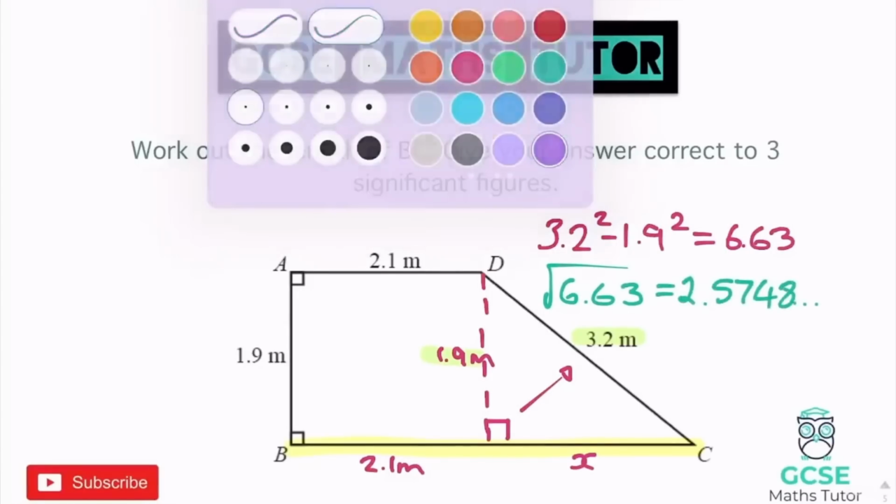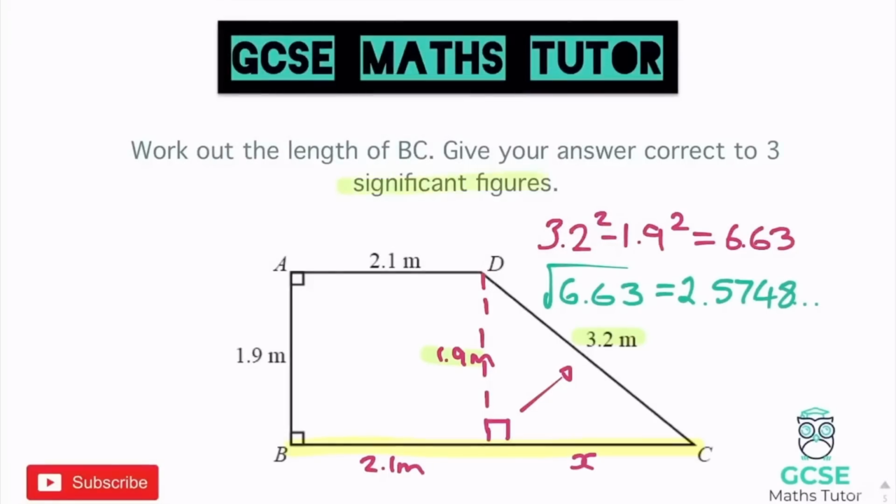Now again, it says it wants our answer correct to 3 significant figures. Obviously just make sure you read that. So if we round this to 3 significant figures, we get 2.57. There we go. And this is in metres this time, so 2.57 metres, and I can label that down here, 2.57 metres. Now I can work out the full length of BC there, because we've got the 2.1 and the 2.57, and if we add those together, 2.1 plus 2.57 comes out as 4.67.